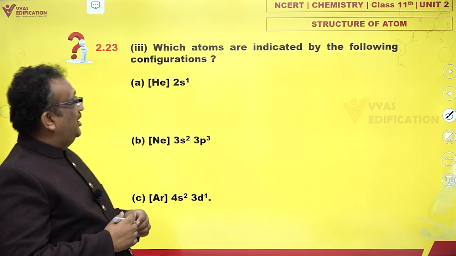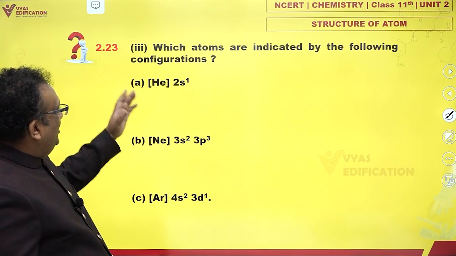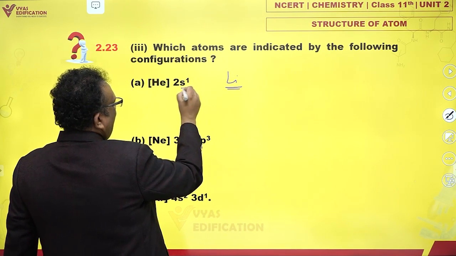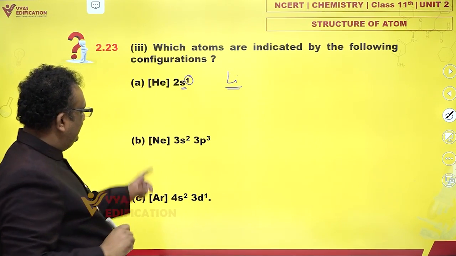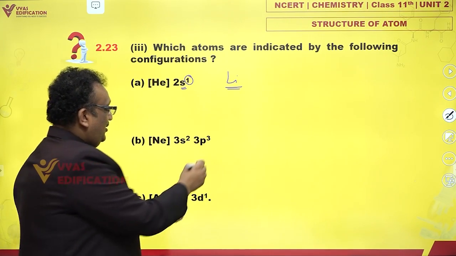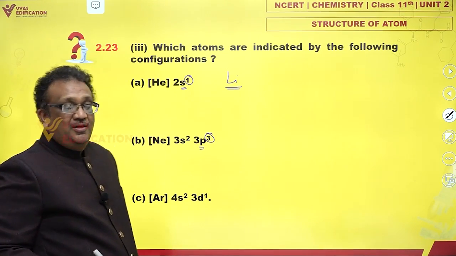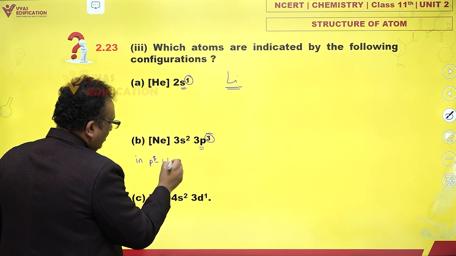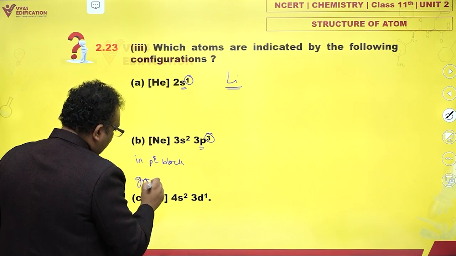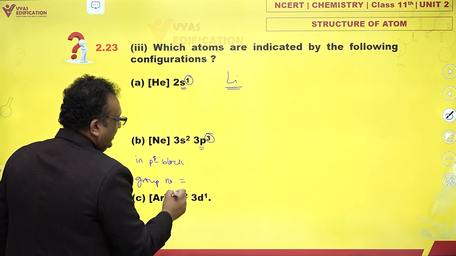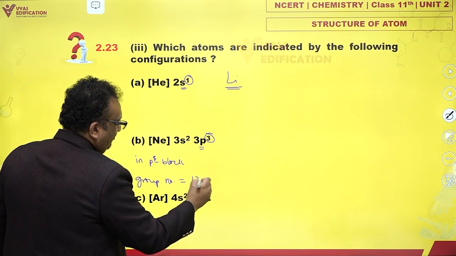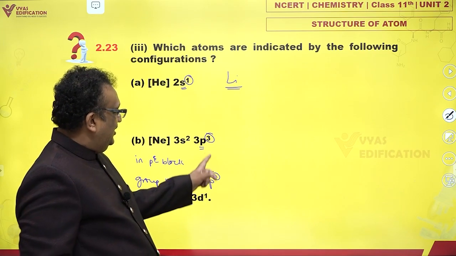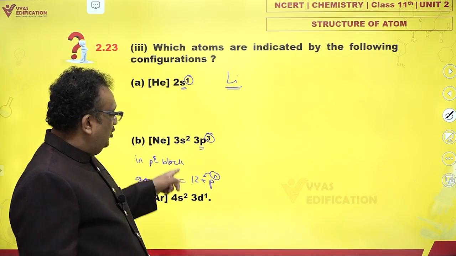Which atoms are indicated by the following configurations? Helium 2s1. Wow, this is lithium. By S block, group 1. Now in P block, group number is 12 plus the number of electrons in P block. 3 means 12 plus 3, 15.